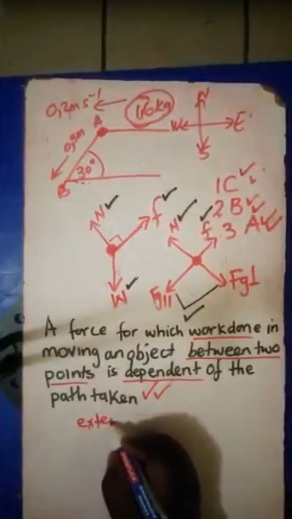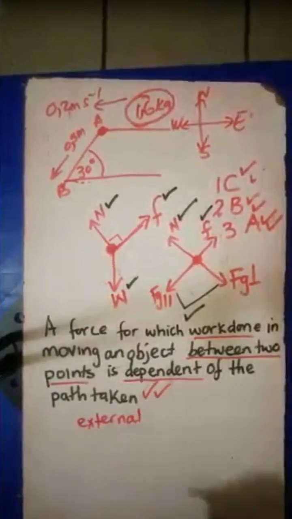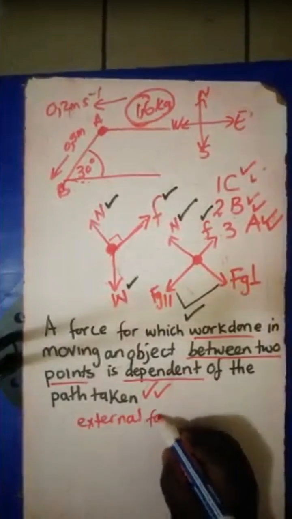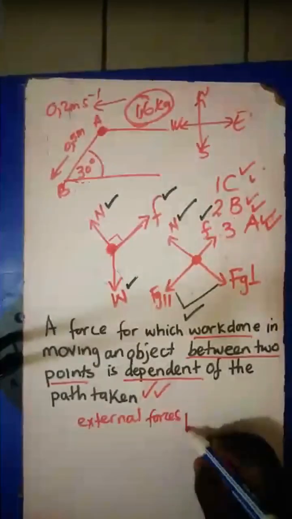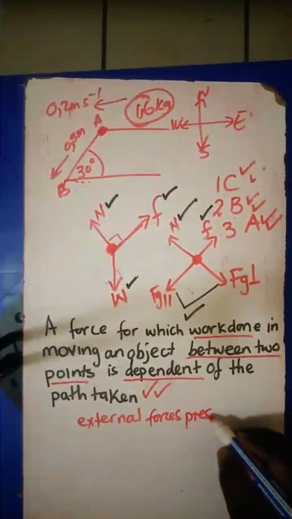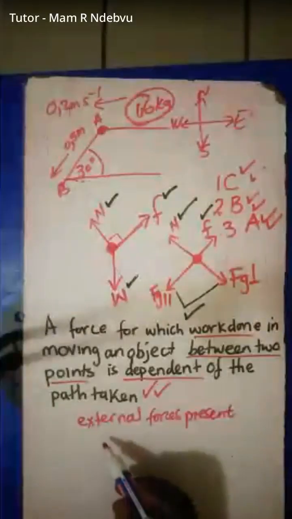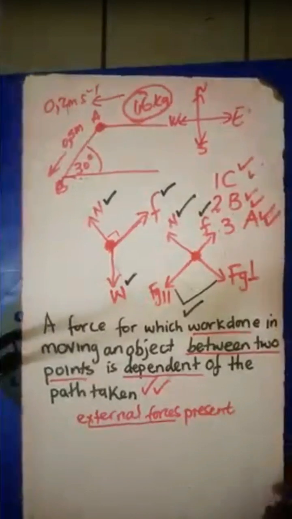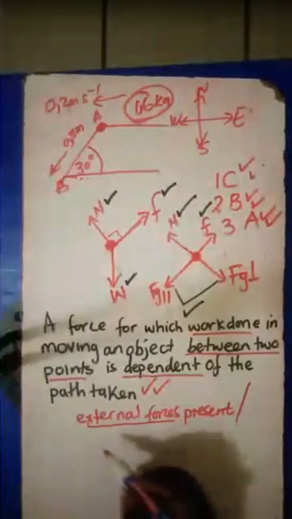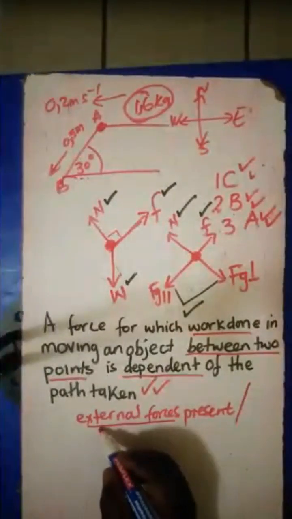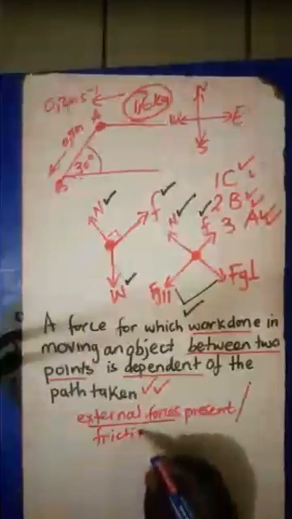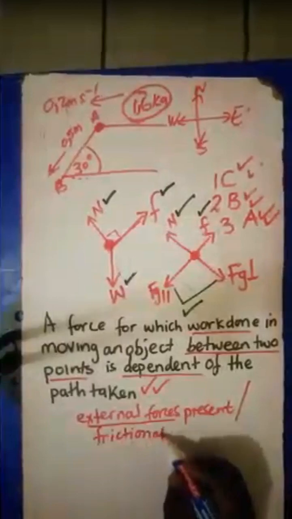External forces are present. It's not isolated because there are external forces. Please don't say the system moves freely. I just checked some of the others. They say the system is freely. No, it's not freely. But we look at it, there's the presence of external forces. Either I can mention that, or I can say frictional force is present.